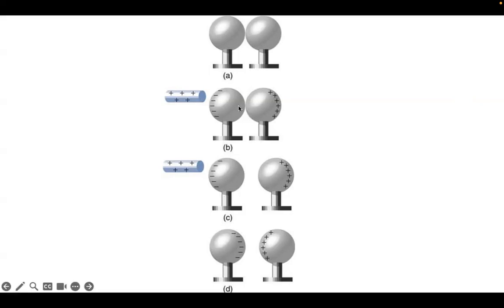If these are connected, they're touching, then I can think of them as one big sphere, where the negative charges will move towards the positively charged rod, and the positive charges will just stay in place on one side. And if I separate the two metal spheres, the negative will still be attracted and the positive will stay in place. And then after some time, they're unlike charges, so they will come together, or the charges will just be facing one another.